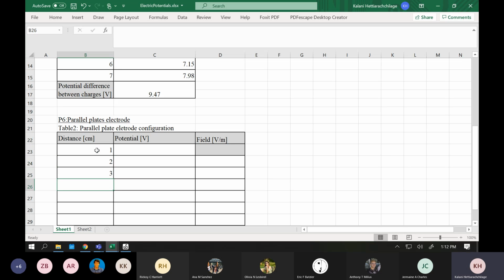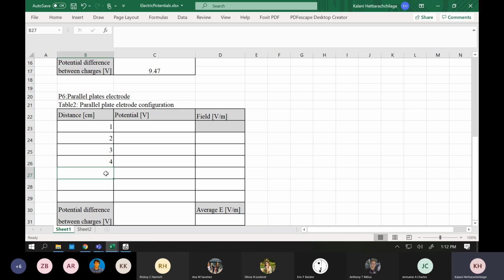Usually we need to measure them, but since they are around 1 centimeter, we can use those values.